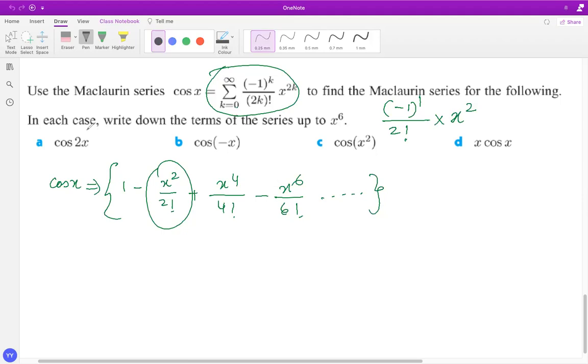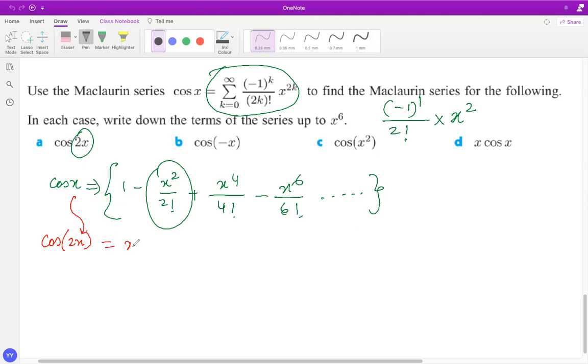But what is really interesting is that they are expecting us to write down some of the answers, such as cos 2x. You already know the Maclaurin series for cos x, and they're expecting you to find the Maclaurin series for cos 2x. So logically, it might be clear in your mind what I'm asking: if I already know the cos x series, I'm finding the cos 2x series. x is actually being replaced by 2x everywhere.